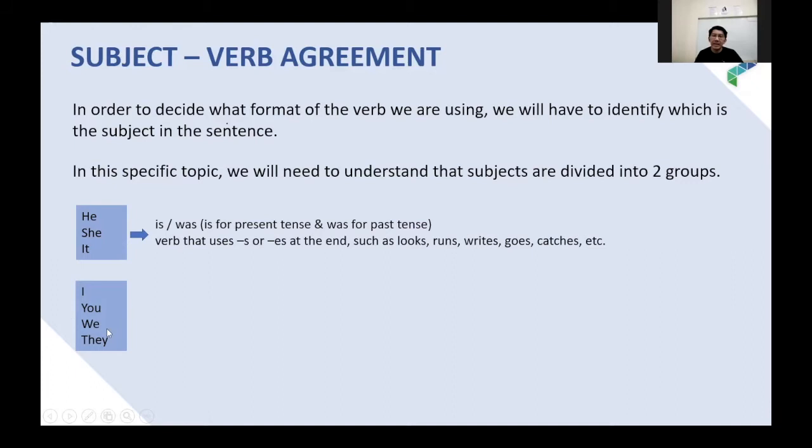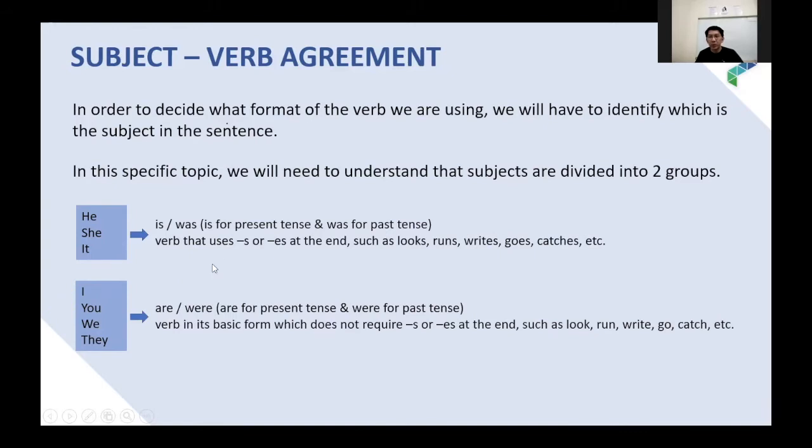Now, another group of subject is I, you, we, and they. In this case, we will use are for present tense and were for past tense. And if you cannot see are or were, then certainly again, there will be a verb.